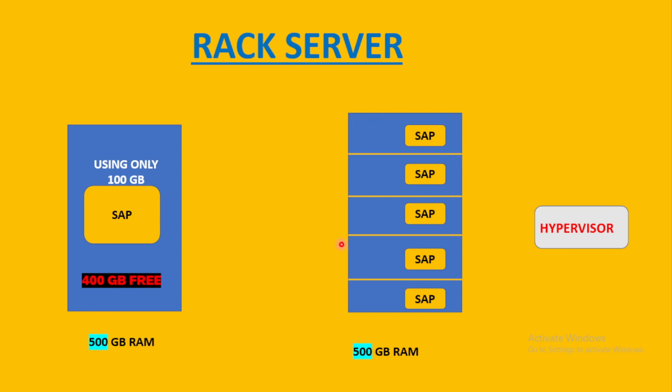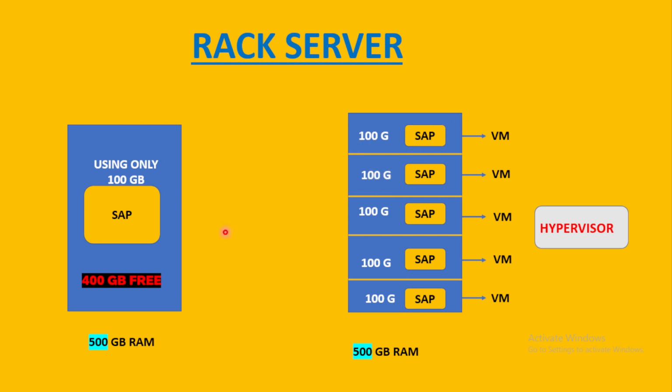See, physically this is one box, and in this one box they segregated it with the use of hypervisor. These are nothing but VMs, virtual machines, and the 500 GB memory is divided among all the VMs. Now this VM will use only its 100 GB, it will not touch the other VMs' memory on the server.